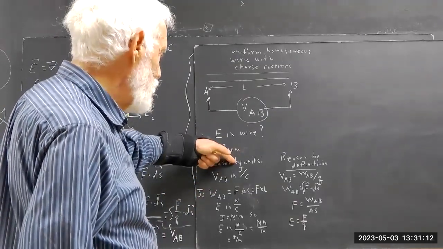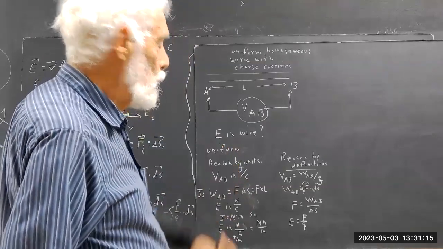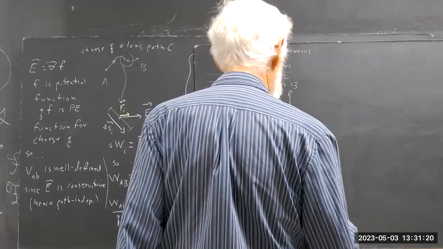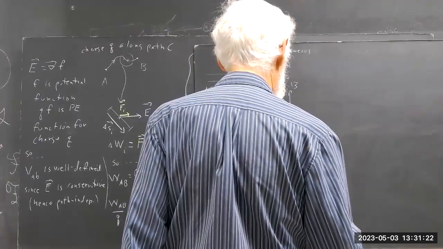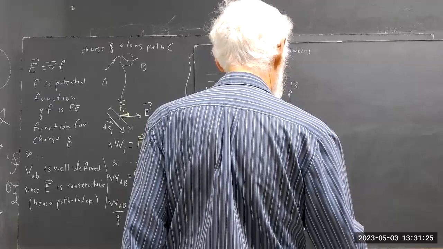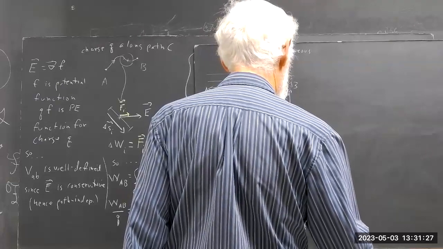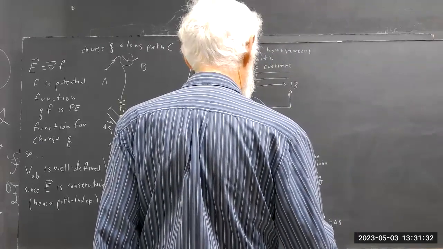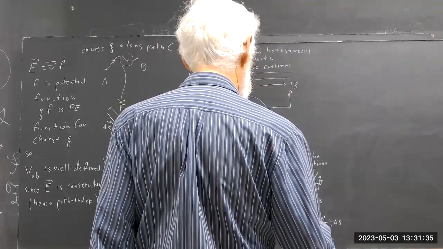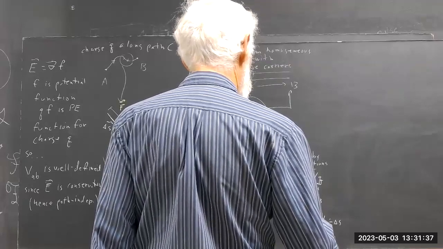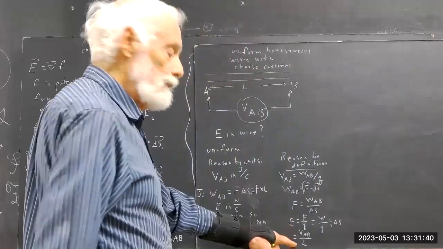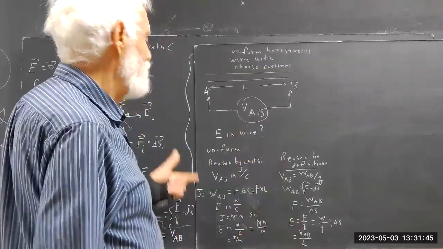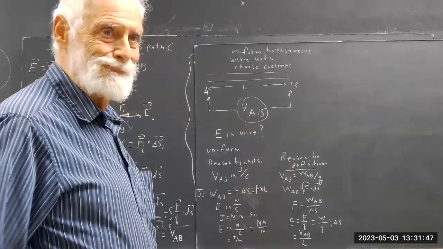Voltage AB is work over charge. That comes out to your voltage by L. Now I'm just thinking about different ways to make this clear.